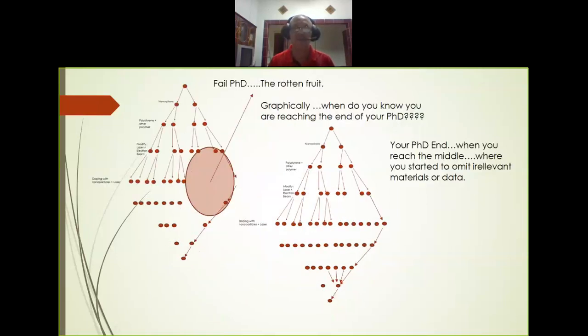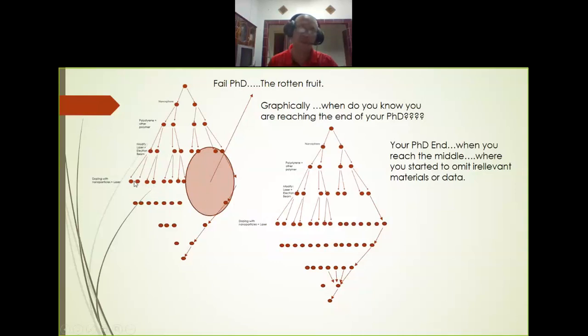So why do you fail in your PhD? We need to try to find it. Why your PhD fails is just like a rotten fruit, meaning that there are some parts that you haven't done. When you didn't do this part, all these other dots will not be completed, meaning that your work is not completed on this side.